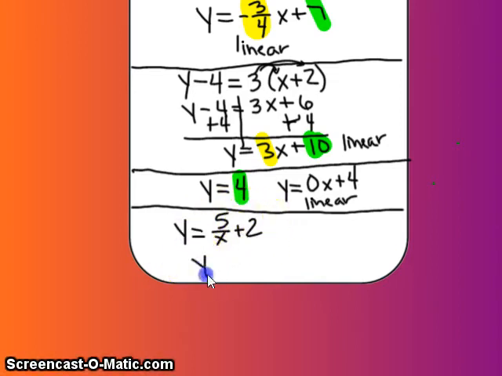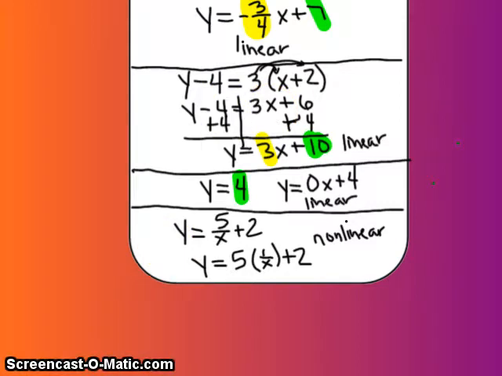But if we moved that out front, it'd be y equals 5 times 1 over x, plus 2. Since this isn't just an x, it's a 1 divided by x, anytime the x is in the denominator, it makes it nonlinear, which means it doesn't form a line. Okay, so those are our examples. I gave you a couple that are linear, a couple that are nonlinear.